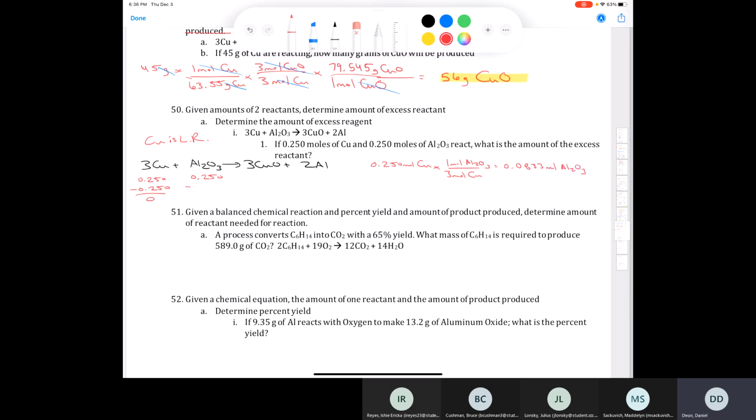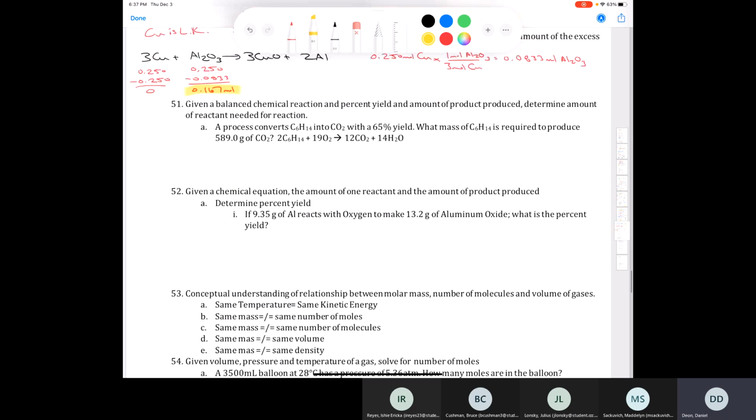So we're going to subtract 0.0833 moles. And then what we're going to be left over with is 0.167 moles of aluminum oxide left over. So that's how many moles are going to be in excess.